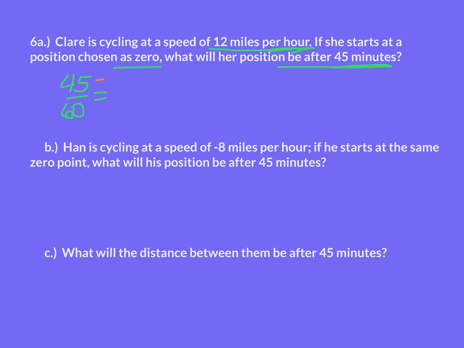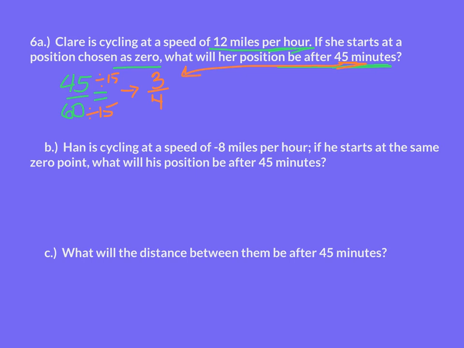So I would think about dividing top and bottom by 15. So 45 divided by 15, of course, is 3. 60 divided by 15 is 4. And you might have already known that because you should know that 45 minutes is 3/4 of an hour.